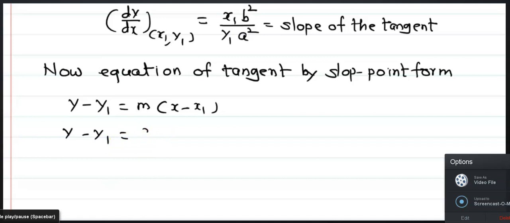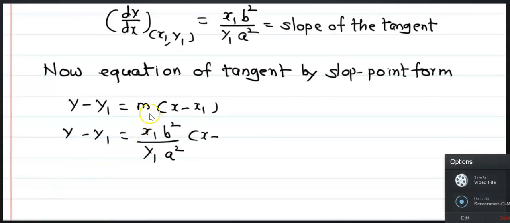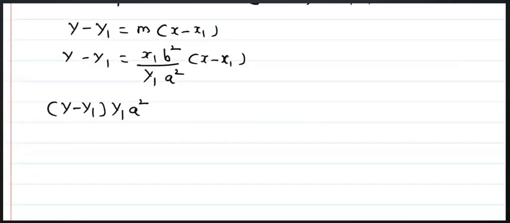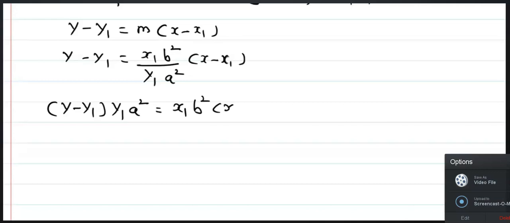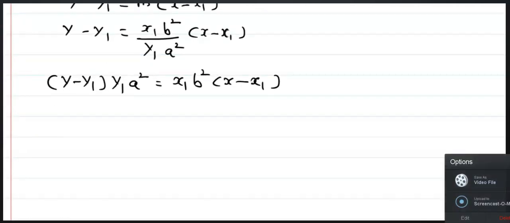Now we substitute the value of m, that is x1 b square upon y1 a square, in bracket x minus x1. Now the simplification. This is the simplified form: y minus y1 into y1 a square is equal to x1 b square in bracket x minus x1.